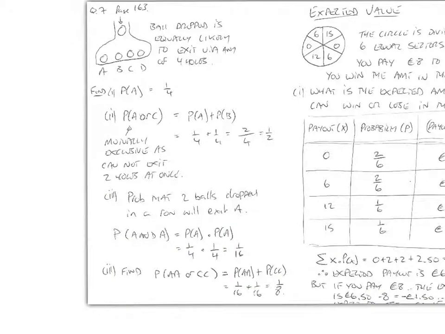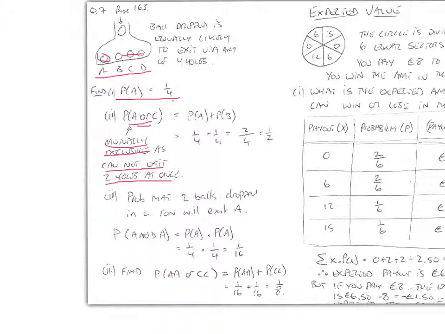A ball is dropped into this device here, and it can exit in one of the 4 ways, A, B, C, or D. Find the probability that the ball will exit through A. Well, there's a 1 in 4 chance, so it's 1 in 4. Find the probability that it will exit through A or C. Now this is mutually exclusive, as it can't exit the 2 holes at the same time, so it can't go through both.